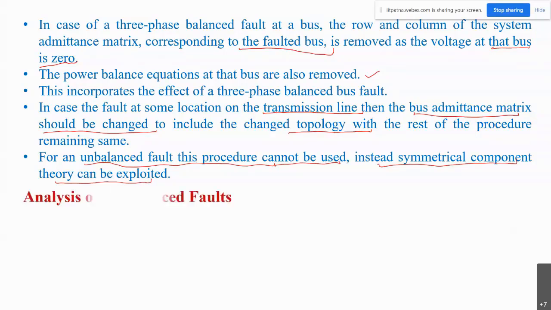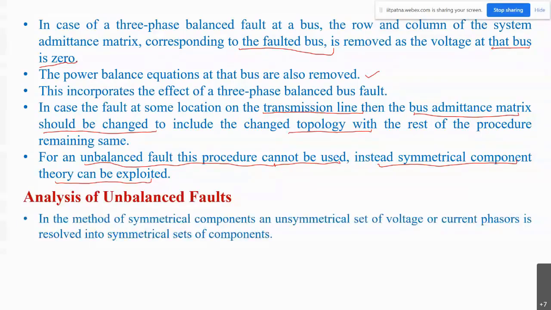Before that, let us revise the symmetrical components used to analyze unbalanced faults. In the method of symmetrical components, an unsymmetrical set of voltage or current phasors is resolved into symmetrical sets of components. That is the main idea.